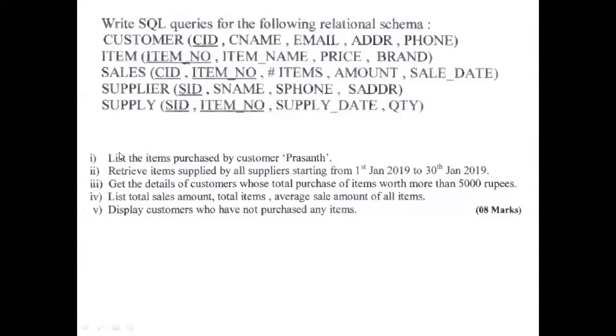Get the details of customers whose total purchase of items is worth more than 5,000. List total sales amount, total items, average sale amount of all items. Then display customers who have not purchased any items. So let us write and discuss these five queries.